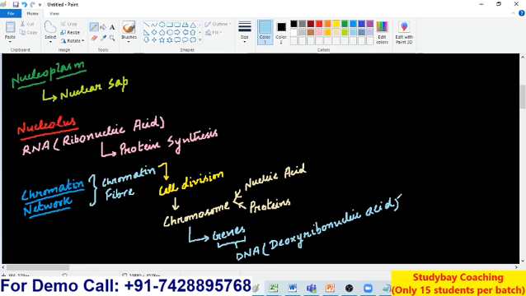In other words, these are the genes which carry the characteristics from one generation to another generation.